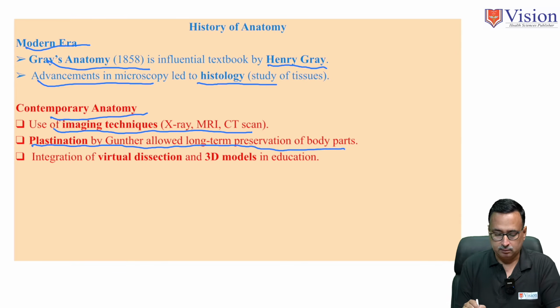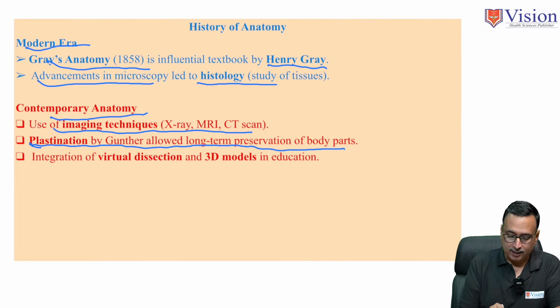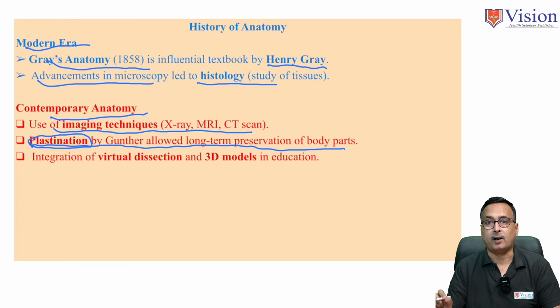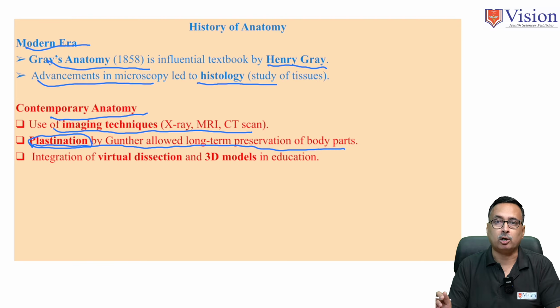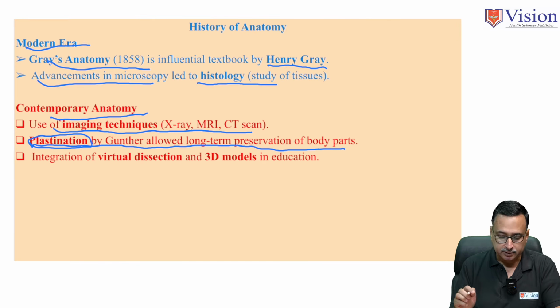A recent technique was started by Gunther von Hagens. He adopted a practice of plastination. Plastination is a process by which the fat content and water content of a cadaver are eliminated, and the cadaver is filled with synthetic polymer. It preserves the body for a prolonged period for the purpose of study.